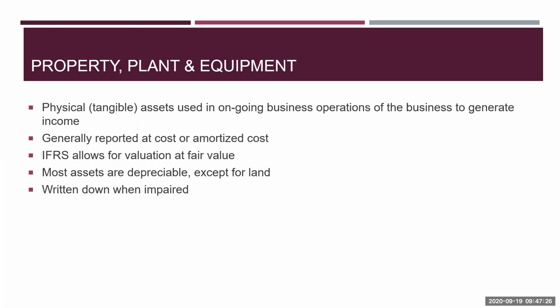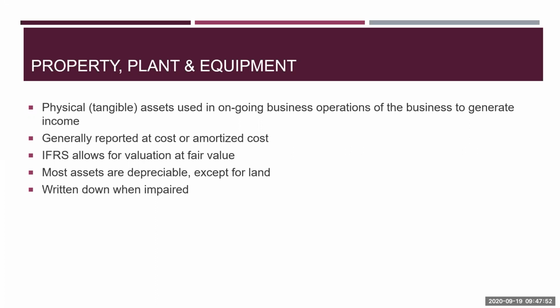The cost of the asset is spread over its useful life. Now, IFRS guidelines do allow us to revalue these assets at fair value. That is a company's choice. The company can choose to keep their capital assets on the historical cost principle, or they can choose to go with the fair value model.